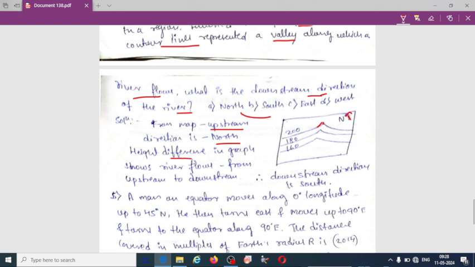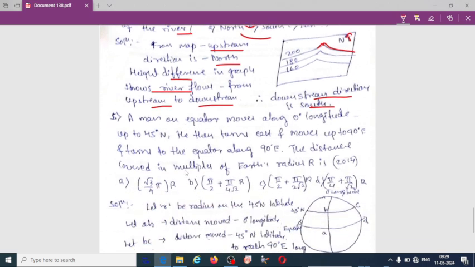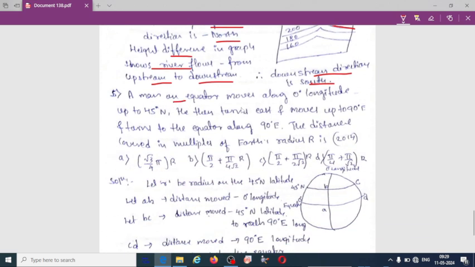The height difference in the graph shows the river flows from upstream to downstream. So the downstream direction is south. So option B is correct. It is flowing from upstream to downstream. So downstream direction south.